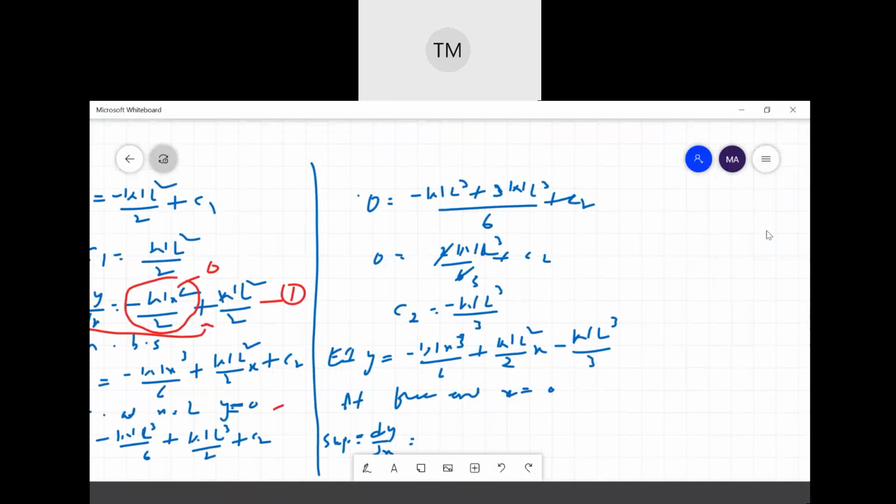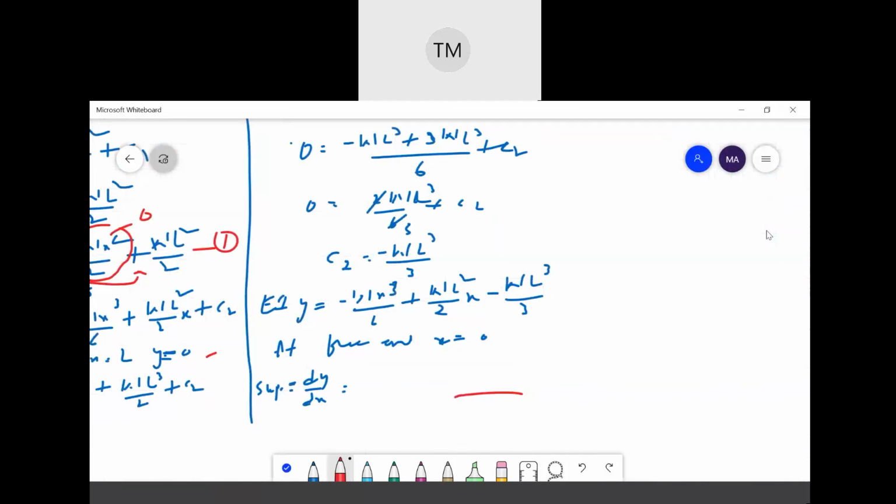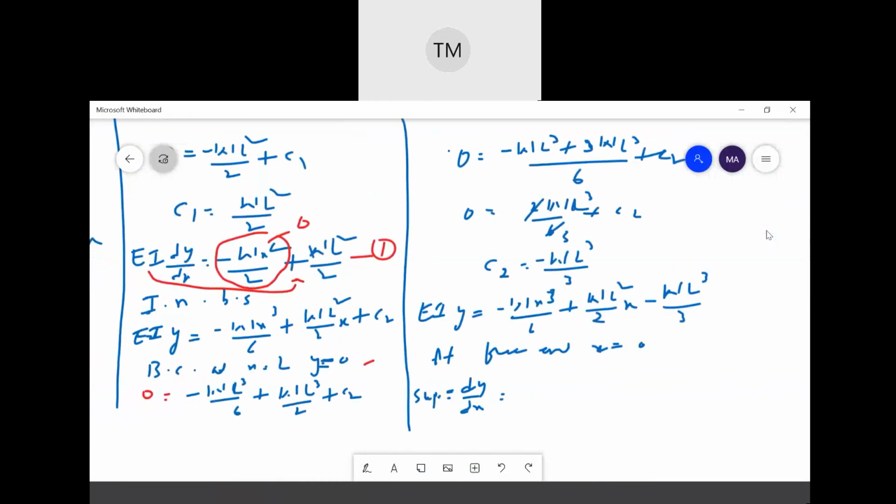In this equation I am sending this EI this side. 1 by EI times WL square by 2 will be the slope.